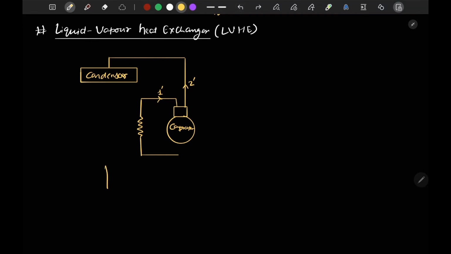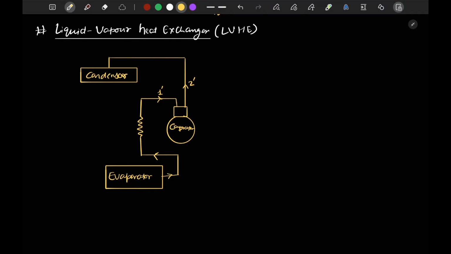So here, let's say attached is our evaporator. Okay, so here it is connected to our evaporator. At the evaporator exit, we have superheated vapor, so it's not steam, here it is the refrigerant.